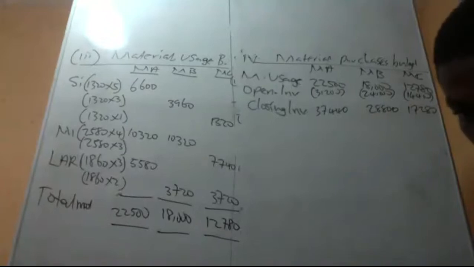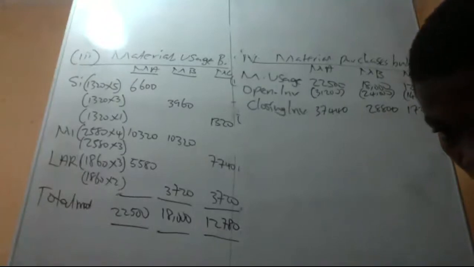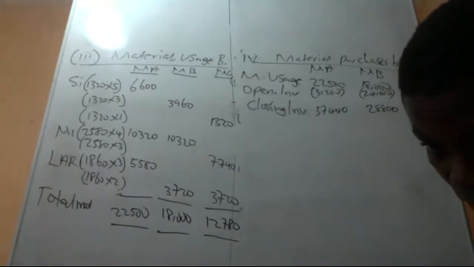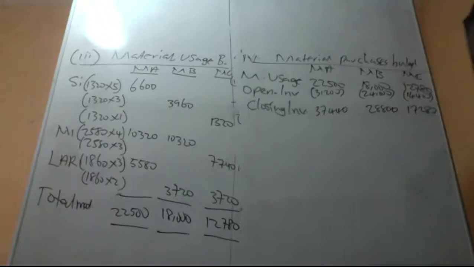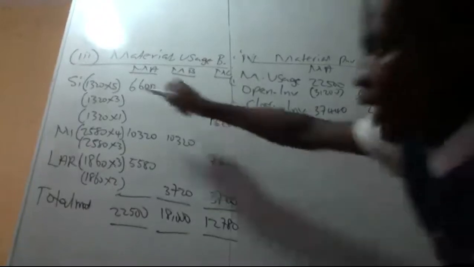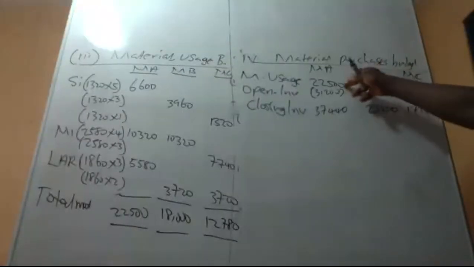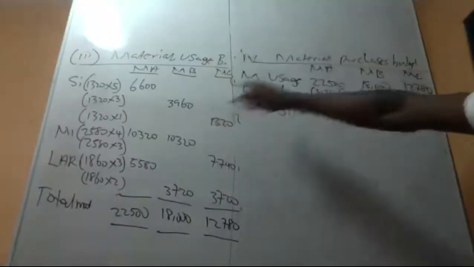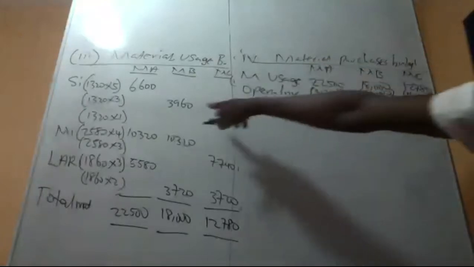Someone said, please, which section? Because it's a change, yes. One thing about functional budget is that if you don't get the very first answer correct, it runs through all your calculation, because these ones are the production coming from sales. These ones are the material usage coming from here.